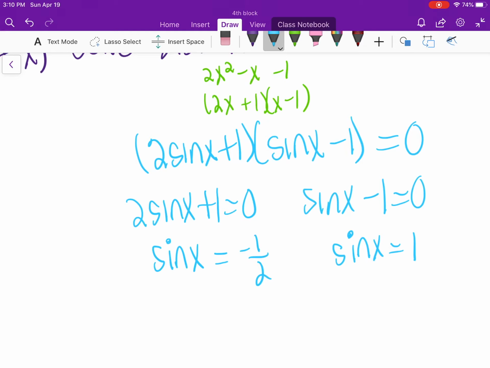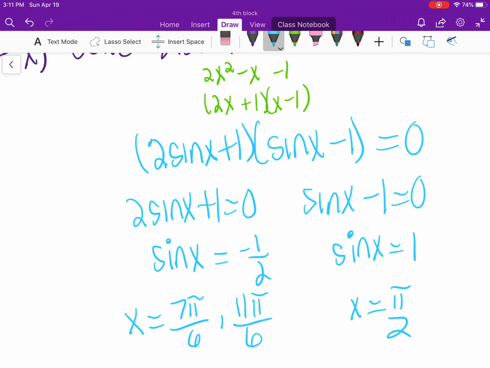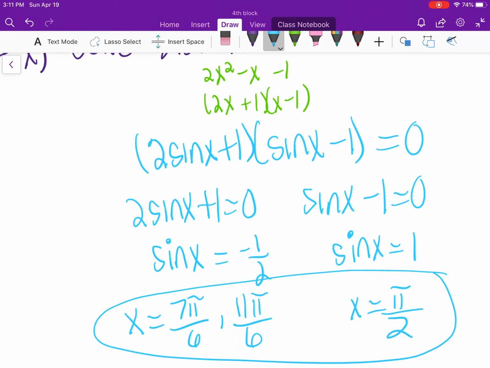Sine is y, so where is y negative 1/2? That's going to be in quadrants 3 and 4. So we're looking at 7 pi over 6 and 11 pi over 6, because that's where the y value is negative 1/2. And then where is sine equal to 1? Well, y is equal to 1 at pi over 2. So those three are your answers.